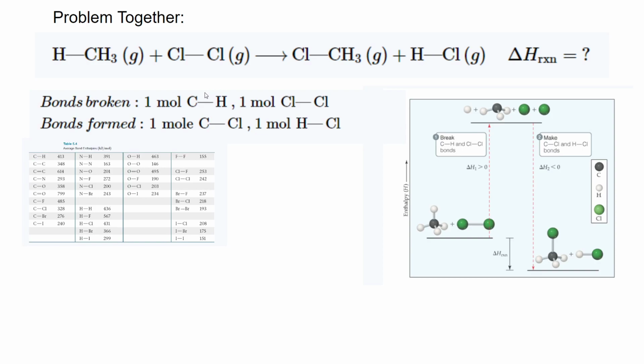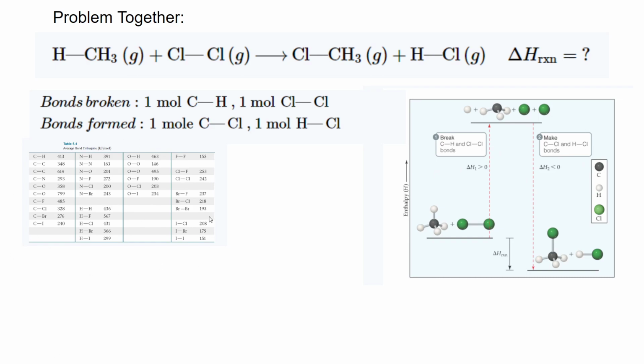So in this case, because the CH3 group stays on both sides of the equation, you don't need to calculate its bonds. So in this case, we have essentially these two bonds broken, 1 mole C-H bond and 1 mole Cl-Cl bond. And these bonds are formed, which is 1 mole C-Cl and 1 mole H-Cl. So you break these two, and you're making these two.